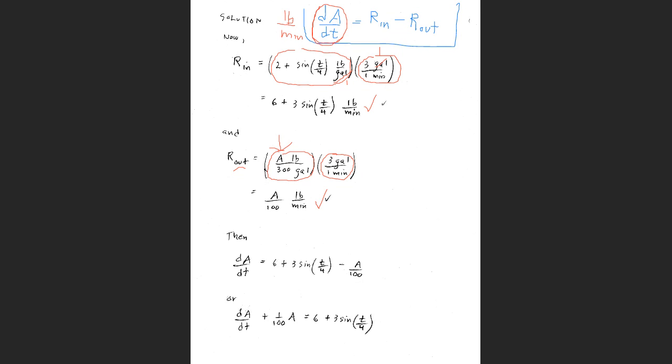And so then dA dt is equal to the rate in minus the rate out.